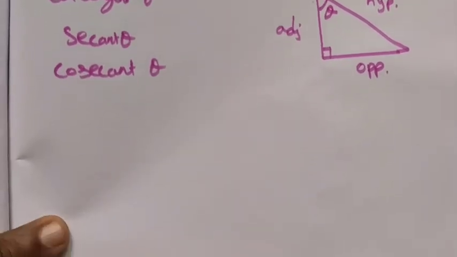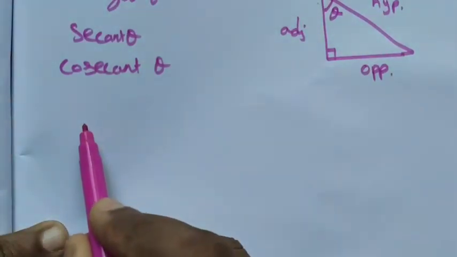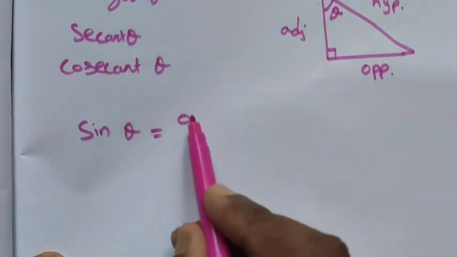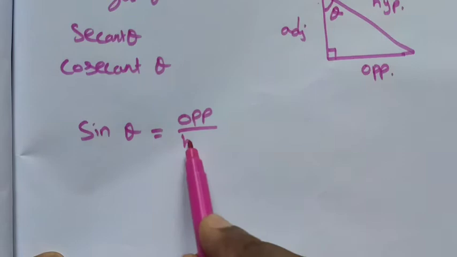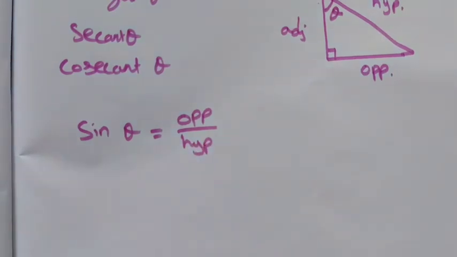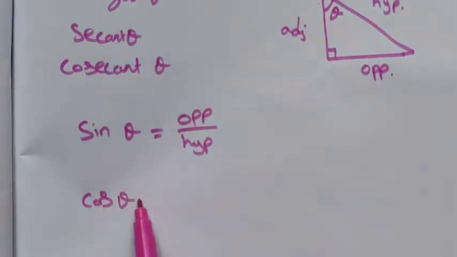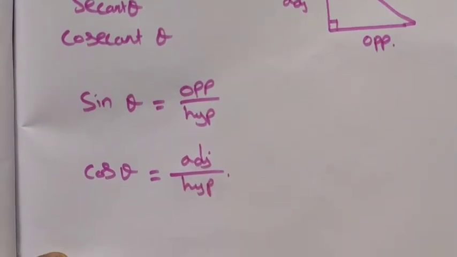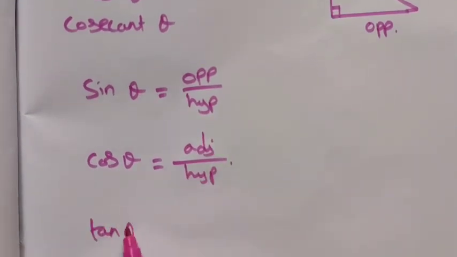We know that sin theta is equal to opposite side divided by hypotenuse side, and cos theta is equal to adjacent side divided by hypotenuse side, and then tan theta is equal to opposite side divided by adjacent side.